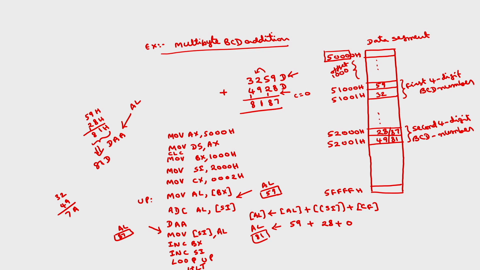If it is multi-byte binary addition, we would have performed it without using this loop, in a single stage. The next example is a program on ASCII, again multi-byte ASCII addition.